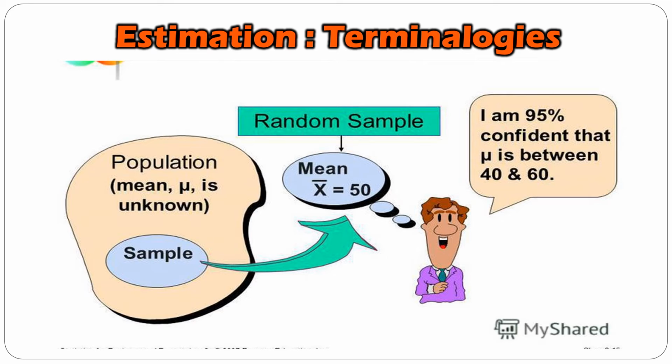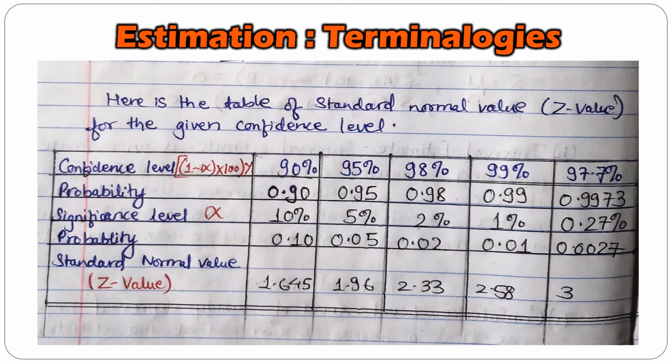And whenever I say that I am 95% confident that the population mean is between 40 to 60, as per the calculation made from the sample mean, then this is what we call an interval estimate. So here is the table of standard normal value, Z value, for the given confidence level.